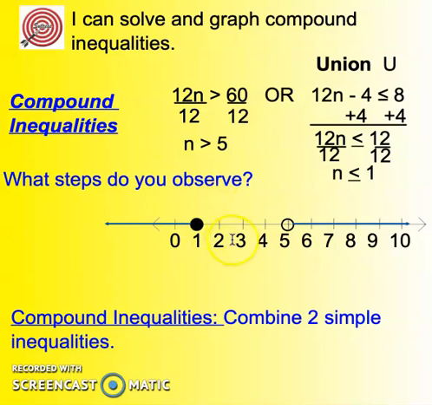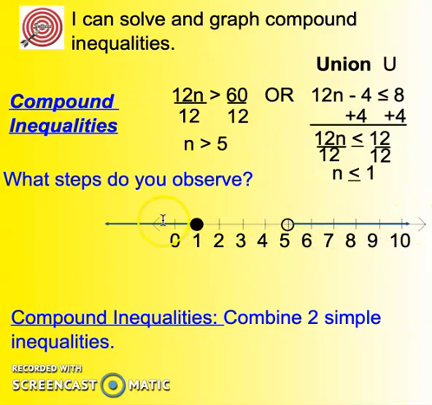Yeah, this emptiness in the middle basically is saying that the numbers in between 1 and really close to 5 are not included as solutions. They are not solutions for these two inequalities, okay? And so that's why it's blank.